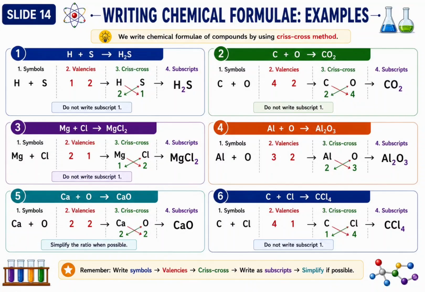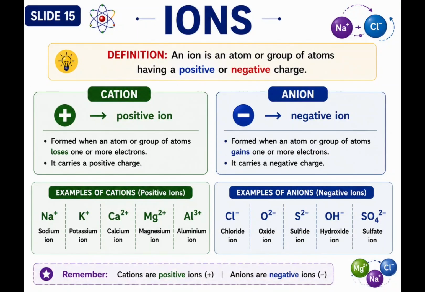So don't try to memorize every formula blindly. First look at the valencies, then write the correct ratio. Think of valency as the combining capacity of an element. Now let's imagine an atom that loses or gains electrons. It can become electrically charged.